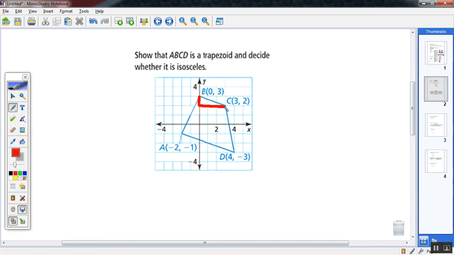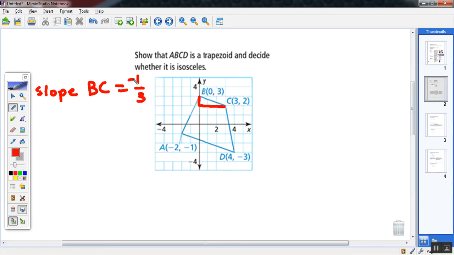Negative 1/3. Okay, you guys agree? Okay, so I'm going to say the slope on BC equals negative 1/3. Guys agree?